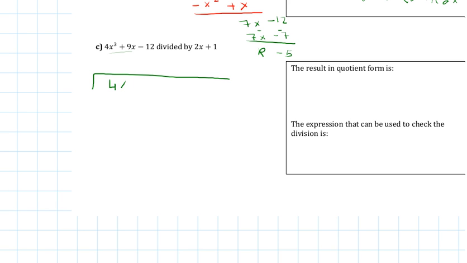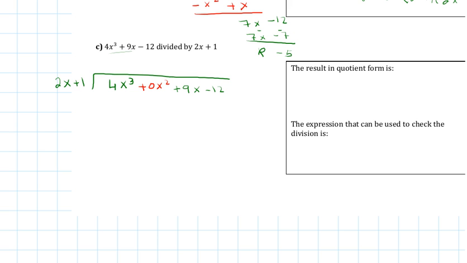So I'm going to write my polynomial as 4x cubed plus 0x squared plus 9x minus 12. For every missing exponent, you're going to have to include a 0 for that term. And that's going to be divided by 2x plus 1.